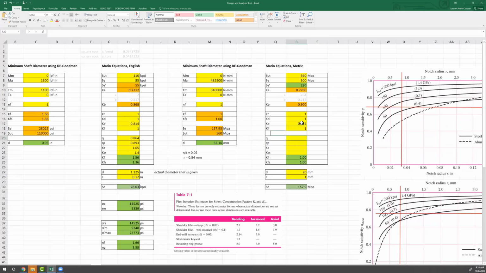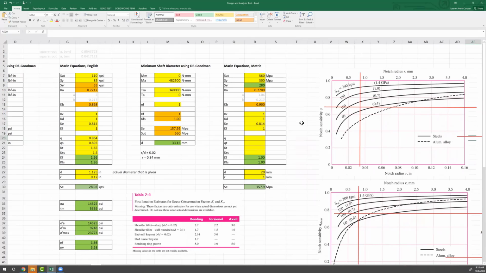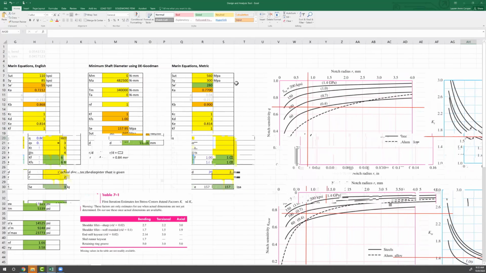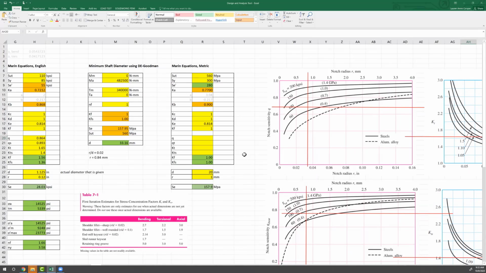And then we need to figure out our notch sensitivity. This requires knowledge of both the ultimate tensile strength, which we do have, but also the notch radius. So again, if you were going to be using these curves, you would have to know the ultimate tensile strength, so we know that, but we don't know the notch radius. So a good guess for q and qt, a conservative guess at least, is 0.9.